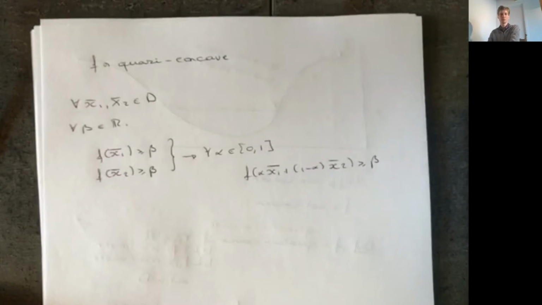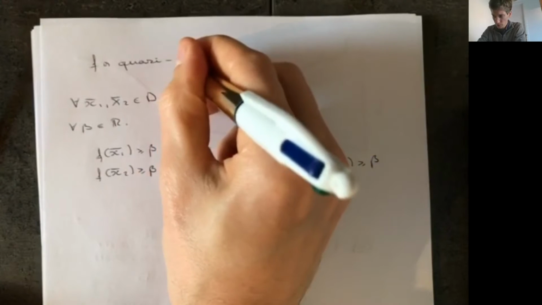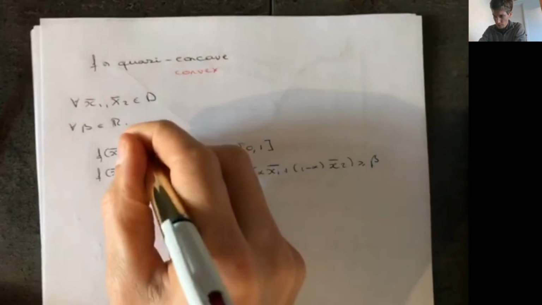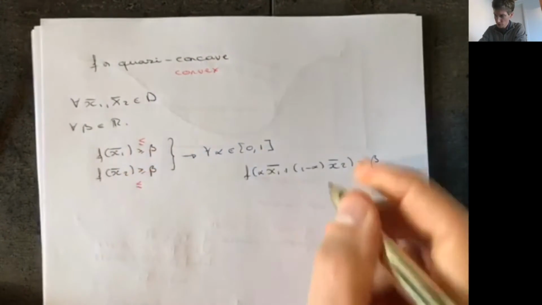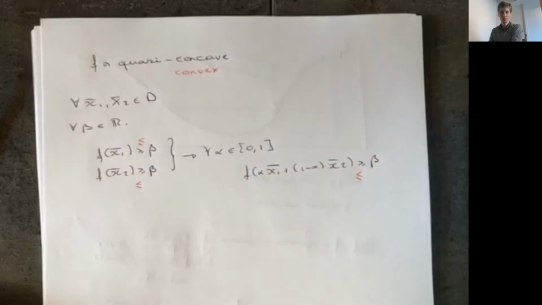Okay, so this is the definition of quasi-concavity. For convexity, we just change these inequality signs. Okay, so this is just a restatement of the fact that the upper level sets are convex.